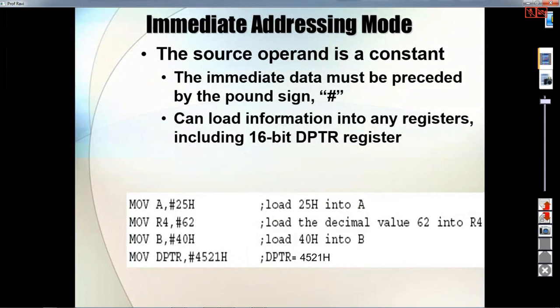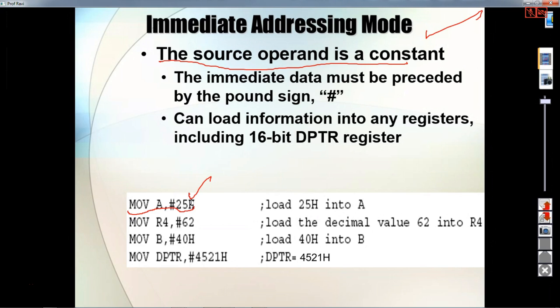Coming to the immediate addressing mode, the source operand is a constant. Now if you try to see MOV A, #25H, it means in the instruction the data is immediately present.